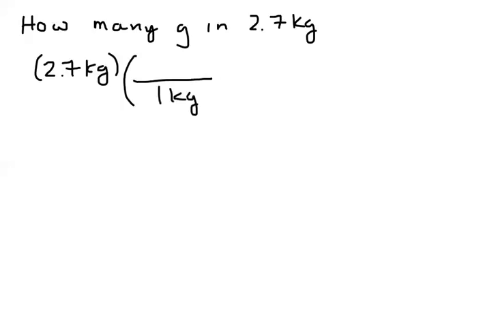Because in any multiplication and division, if you put a 2 on the top and a 2 on the bottom, they will cancel each other out. That's what we're doing. We're putting kilograms on the top, kilograms on the bottom. They're going to cancel each other out. 1 kilogram is equal to how many grams? 1,000. And look, your kilograms cancel out and you're left with grams on the top. That's exactly what you want. So your answer will be 2,700.